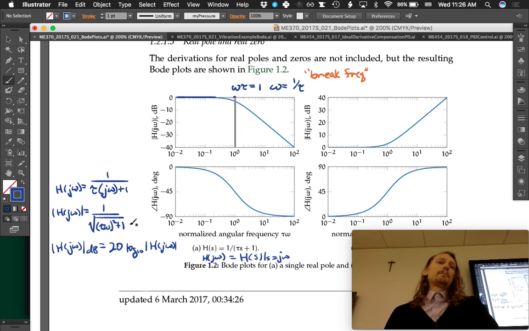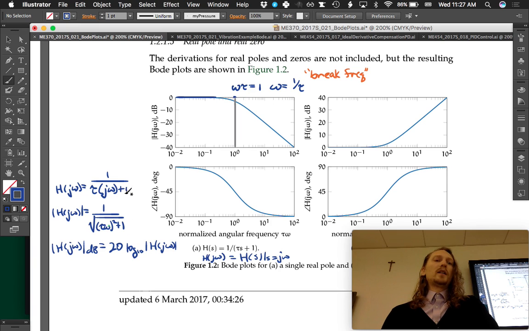So that's this graph here, and then the phase is just going to be the arctangent of the imaginary over the real, of the same process. Or I could find the phase of the numerator and the phase of the denominator separately, and then combine them. Actually, it would be the numerator phase minus the denominator phase.